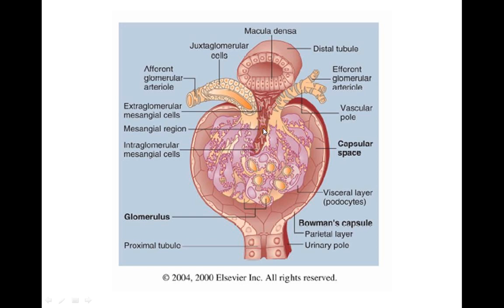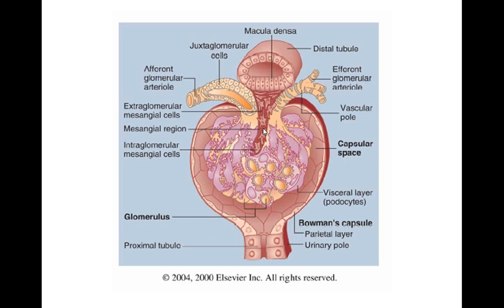They have also contractile elements, so they can contract, and by contraction of the cells the size of the glomerulus is reduced, so the filtration area and the amount of filtration of blood are also reduced, because as you know, blood filtration occurs through the glomerulus, and the amount of filtration is related directly to the amount of the surface area of glomerulus.